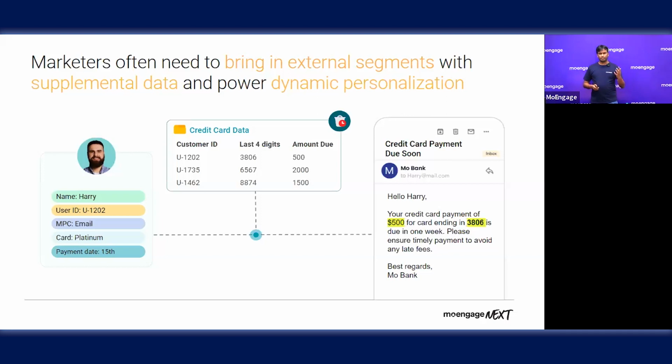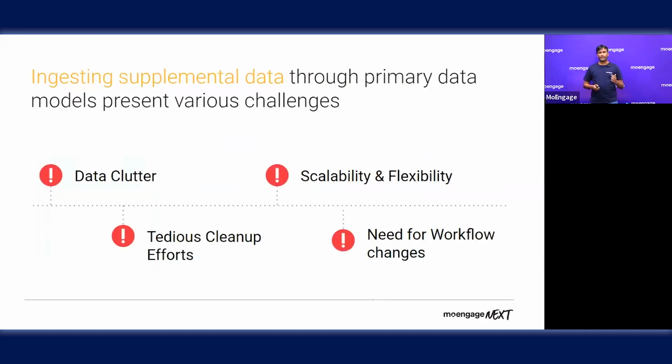The problem with these use cases is that if you bring the data in the form of primary data models like user properties, which is the main profile table within MoEngage, it leads to various challenges. Firstly, because these are campaign level content or metadata, importing them as user properties in the profile table creates a lot of clutter in your main profile table.